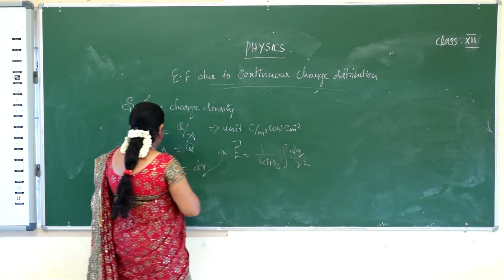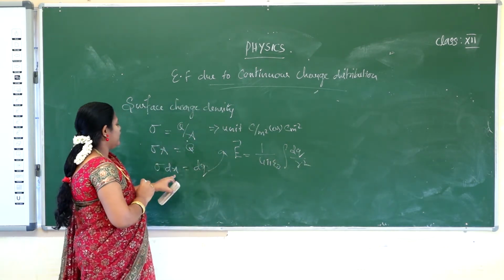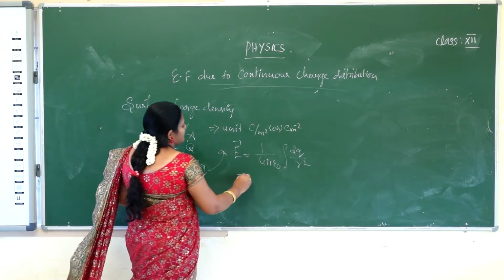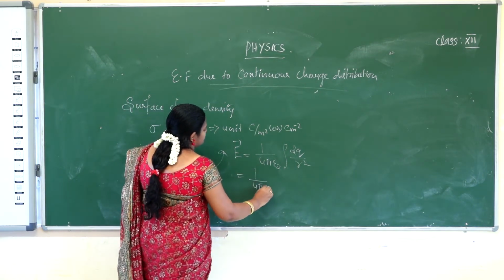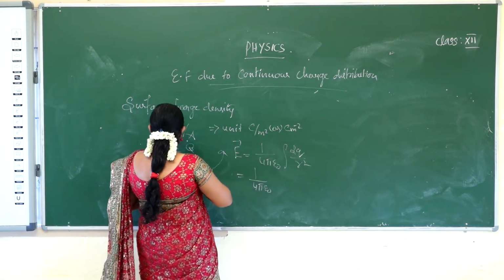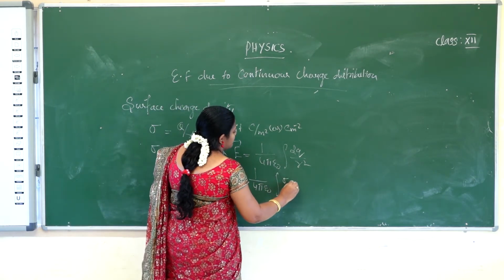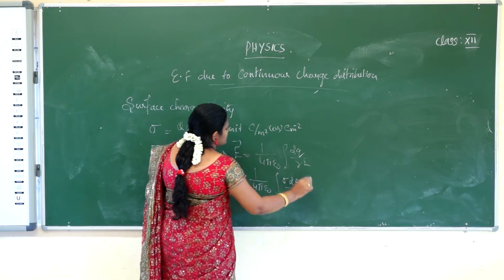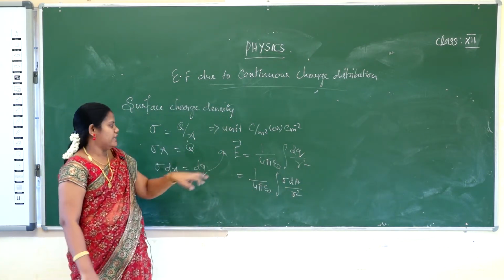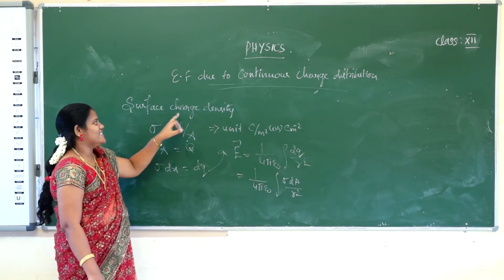You substitute the dq value in this equation. So 1 by 4 pi epsilon naught integration of sigma into dA by r square. This is the formula for the electric field in the surface charge density.